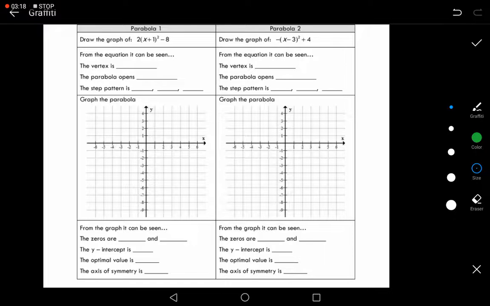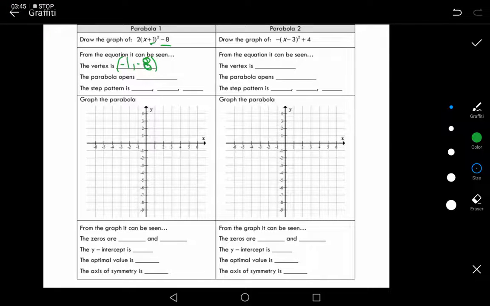Remember, the vertex is h, comma, k, where h always has the opposite sign. So I'm just going to underline. This is our h and k. Although in the equation it appears as positive 1, the vertex is going to be negative 1, and the k value is going to stay the same. So negative 1, negative 8.